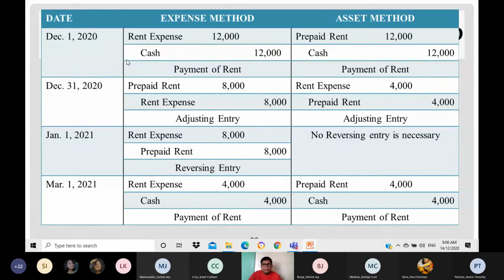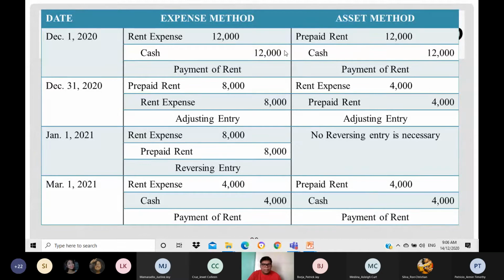You debited rent expense of 12,000 and credited cash for 12,000. What happened here is you made the payment of rent for 3 months. So let's focus on the expense method first.